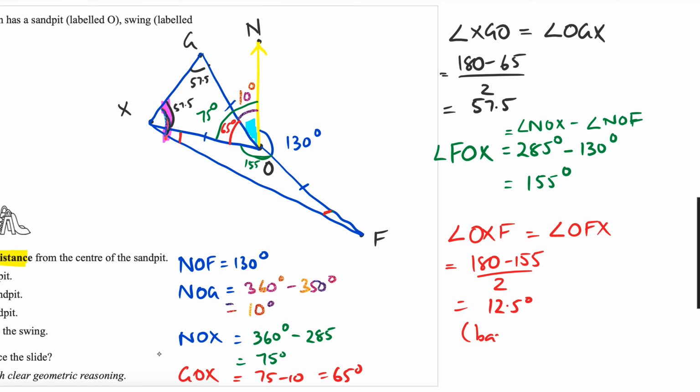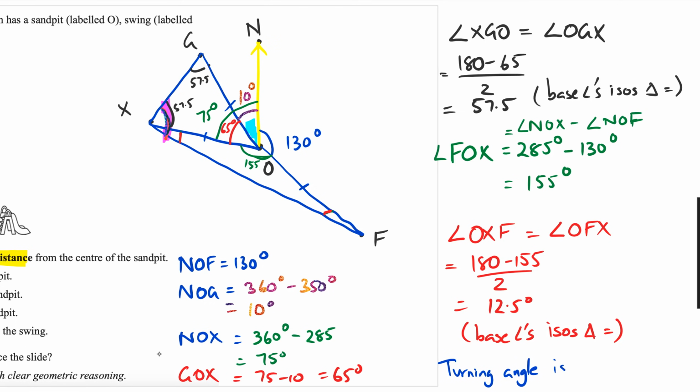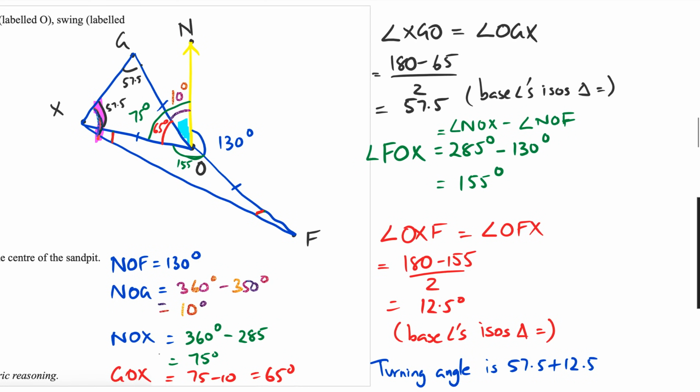I've actually forgotten that as well, sorry guys. Base angles of isosceles triangle are equal, and I need to write that for this one as well, which is base angles of isosceles triangle are equal. So once I get 12.5 degrees, then I can finally say the turning angle is 57.5 plus 12.5, which equals 70 degrees.